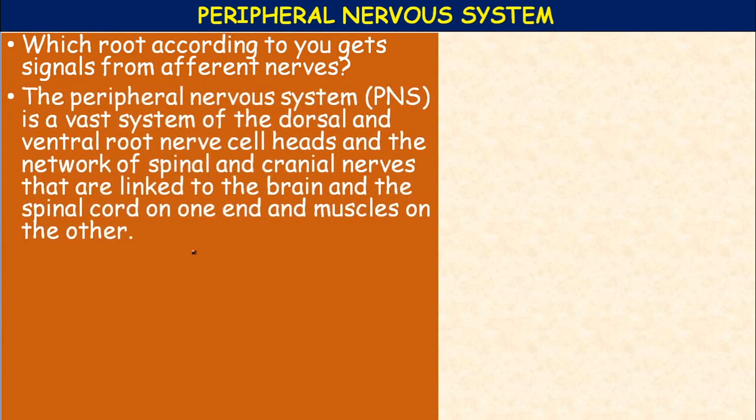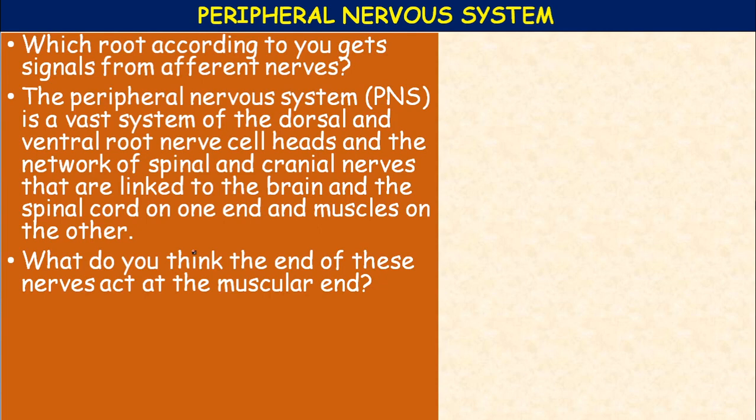The peripheral nervous system, PNS, is a vast system of the dorsal and ventral root nerve cell bodies and the network of spinal and cranial nerves that are linked to the brain and the spinal cord on one end and muscles on the other end.